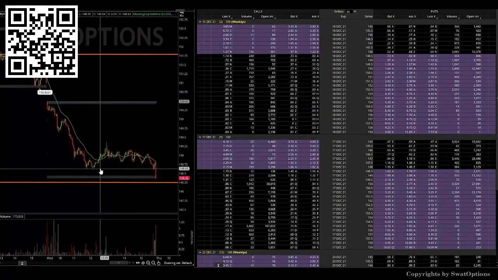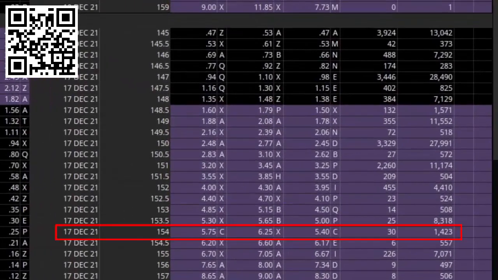The puts 154 closed at the bid $5.75. I gave that swing trade for next week, and still more than 1 week left, and those puts at $2 are right now almost tripled. A beautiful one with plenty of time left and well-defined risk.